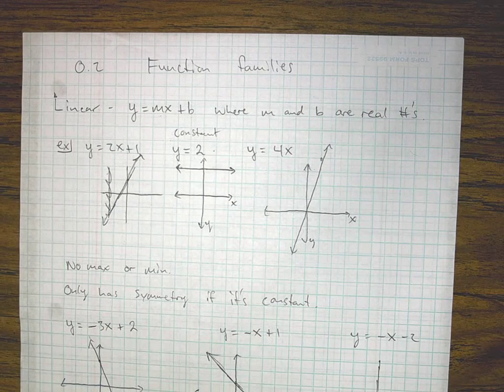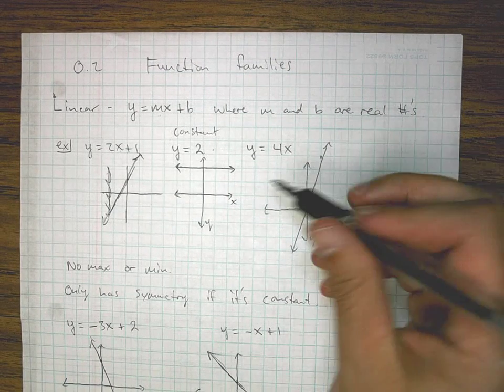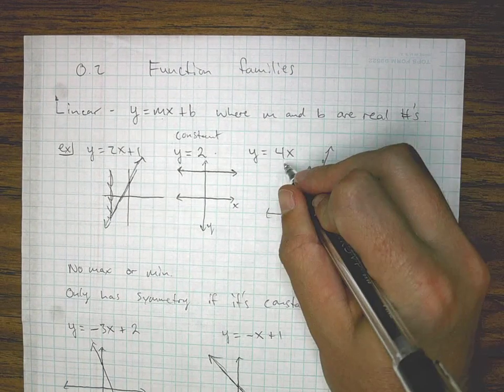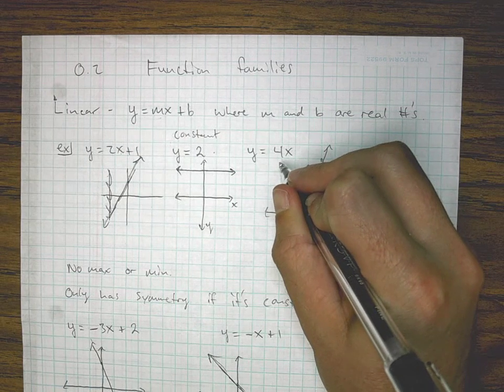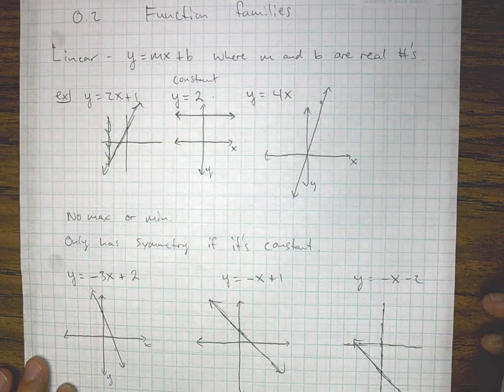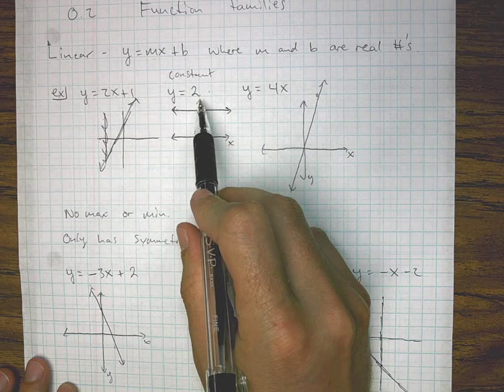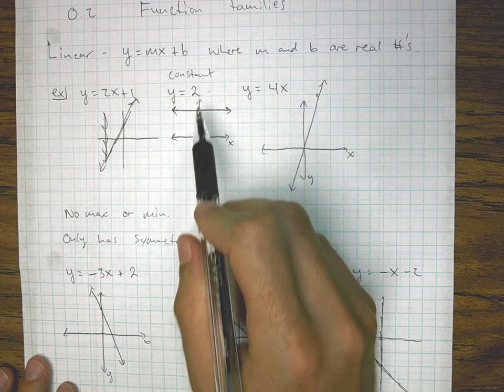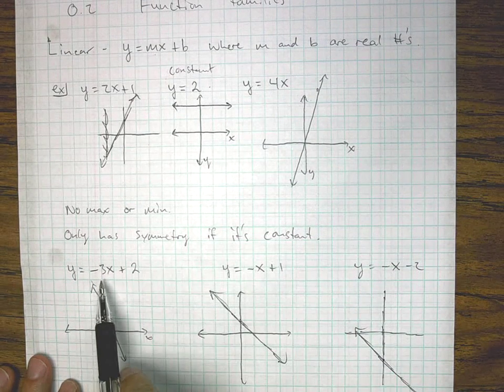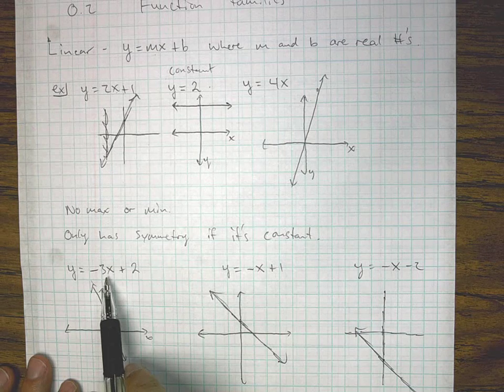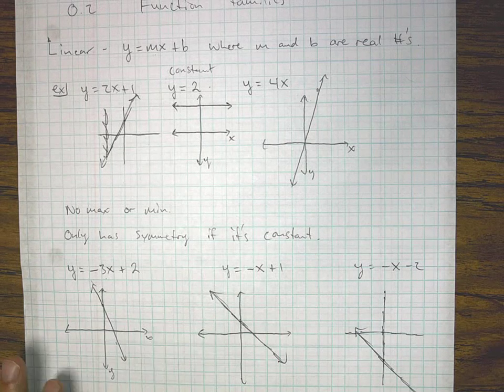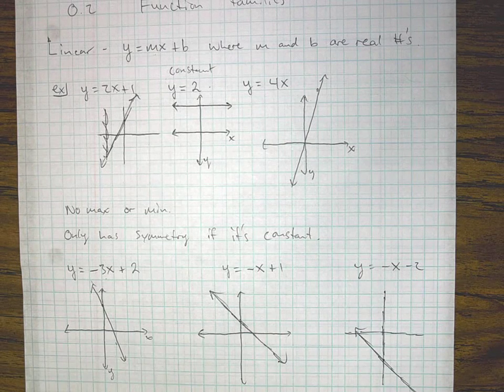Okay. So the function is increasing when the number in front of x is positive. It is constant when there is no x, and it is decreasing when the m value is negative. So that's your linear function. Got a whole bunch of examples.